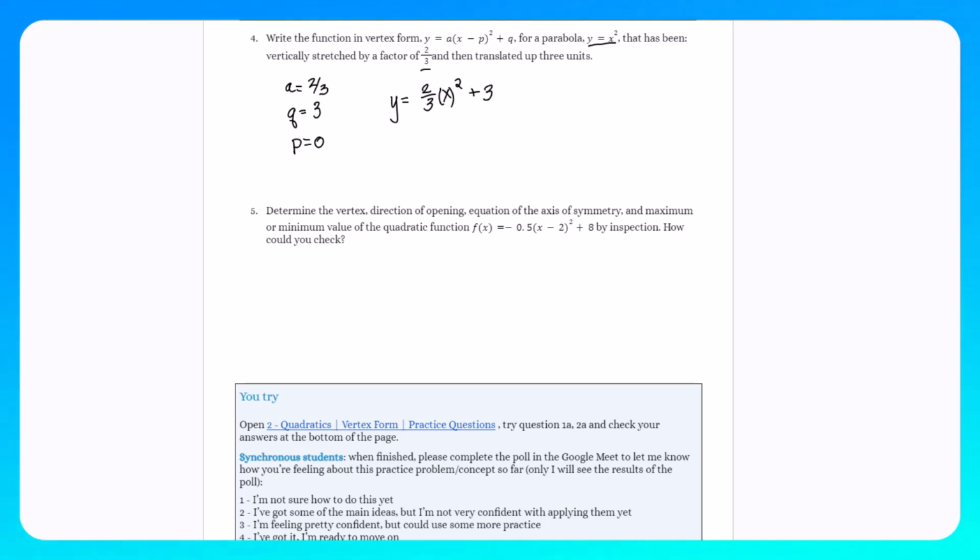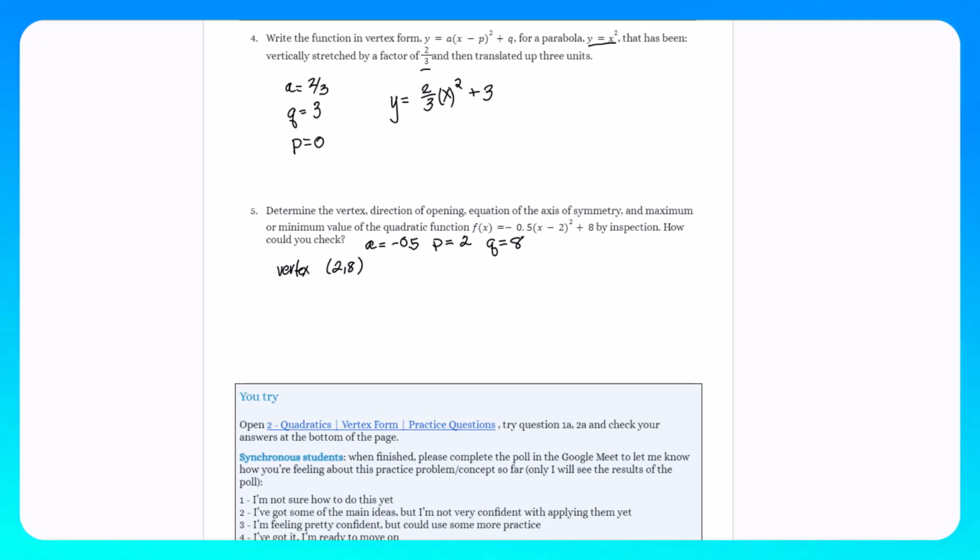In this case, let's write out what a, p, and q are. Our a value is -0.5. Our p value, remember, it's opposite to that sign that we see, it's 2. And q equals 8. So that means the vertex is 2 and 8.